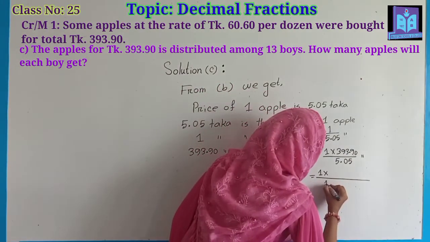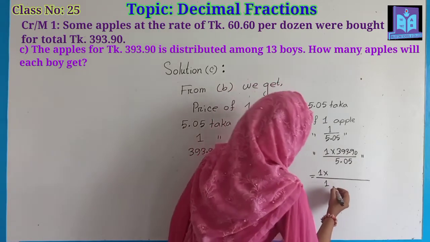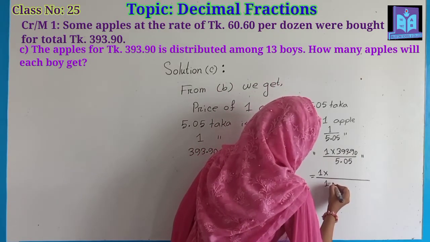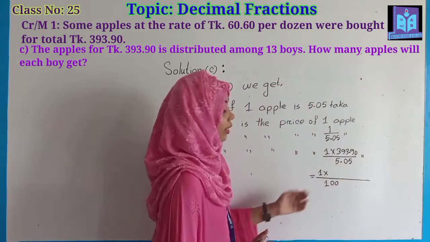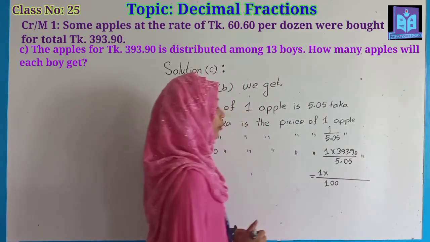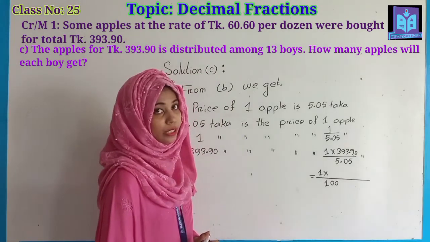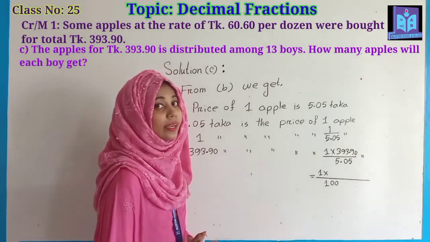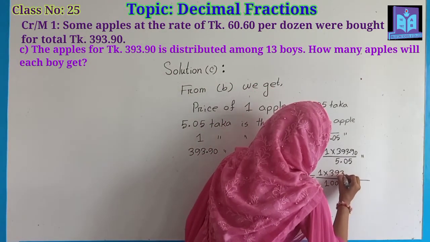There is 1. After the point there are 2 digits. That's why I can write 2 zeros after 1. It means 100. So you can write this decimal fraction without the point. So what is the answer? Yes, 39,390.